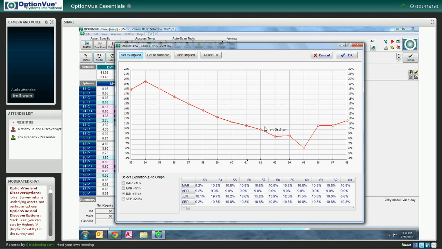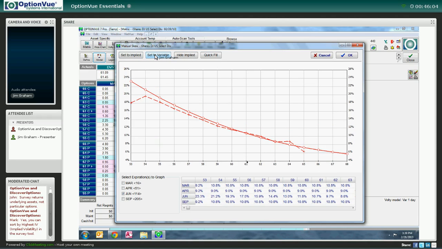Now, this is not what's being used in the program. You can see it can be quite jagged in places. Should this really be lower than this one? Probably not. Now I'm going to click to set the variable. Now you can see what the program's actually using. It is drawing the best fit volatility skew curve through all the possible points. And notice it's a nice even line, and behind it you can see this jagged measured one.